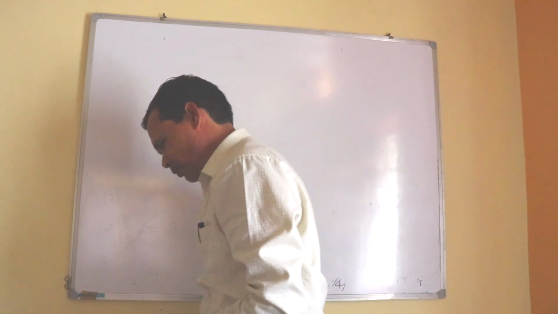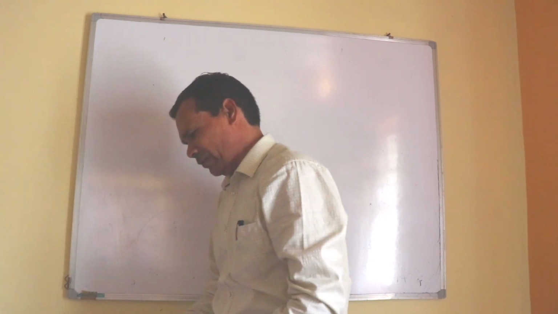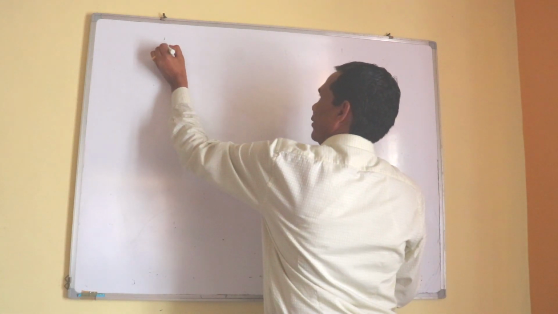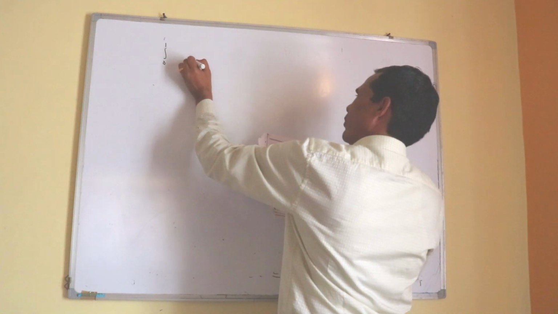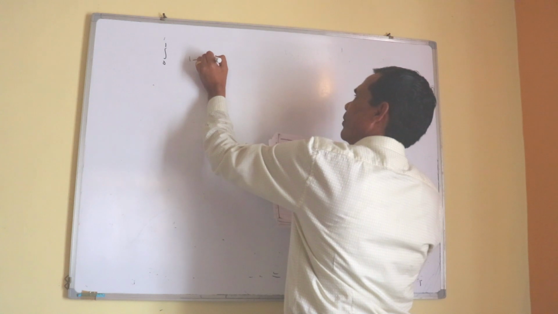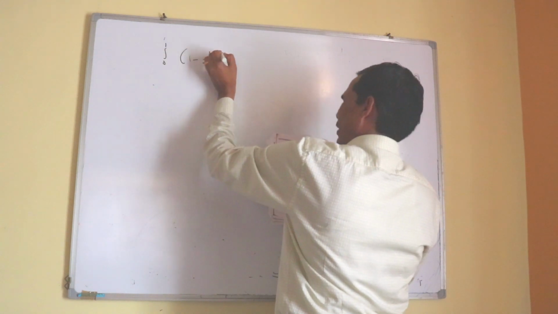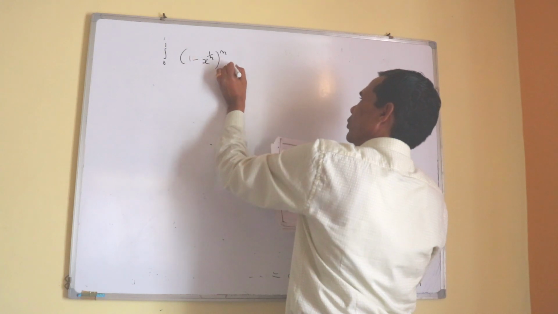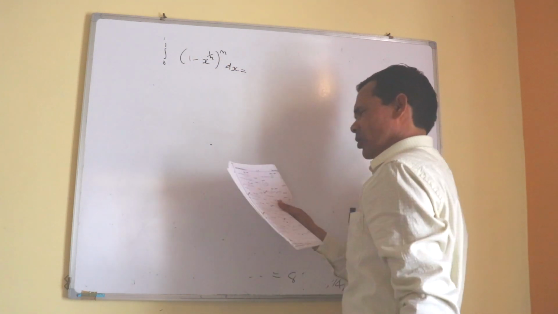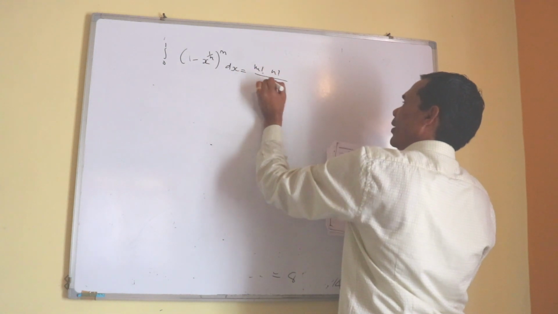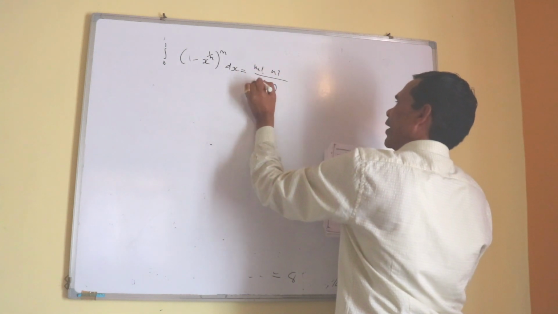Now there are more examples here on the beta function. Show that the integral 0 to 1 of 1 minus x raised to 1 by n, bracket raised to m, into dx, is equal to m factorial n factorial upon m plus n factorial.